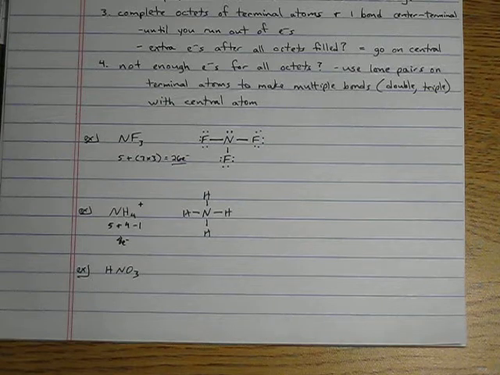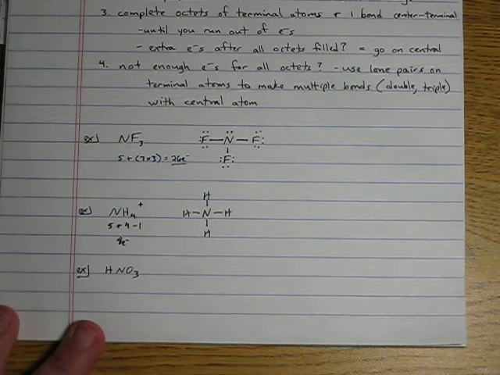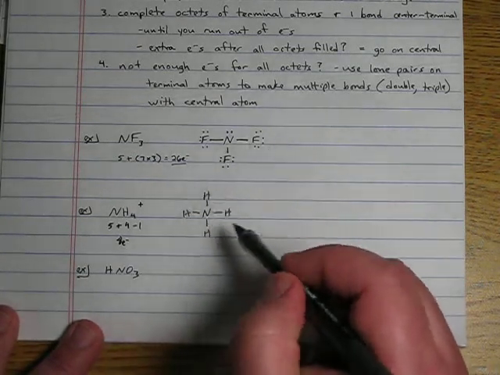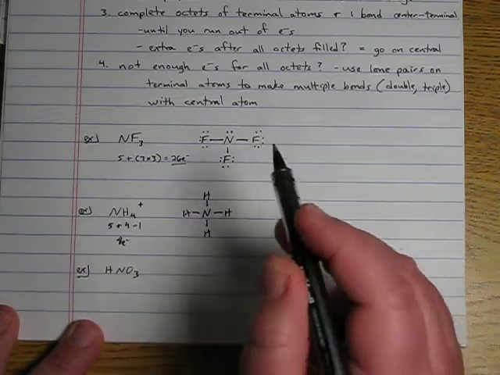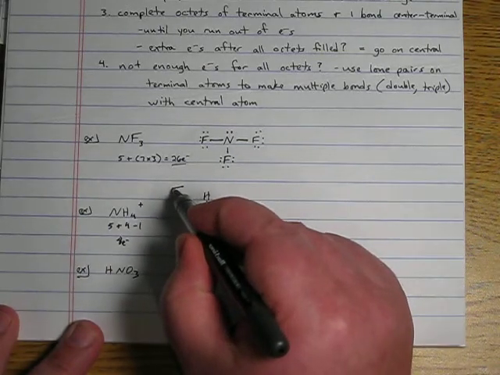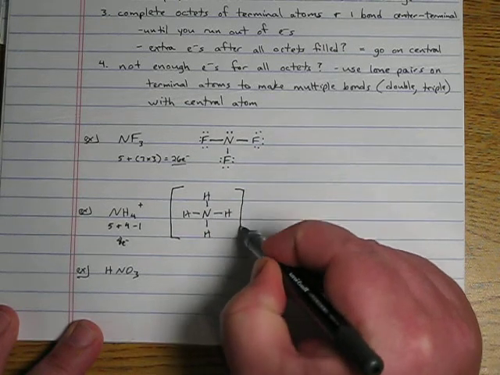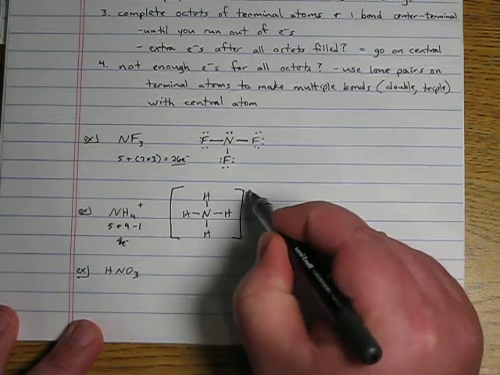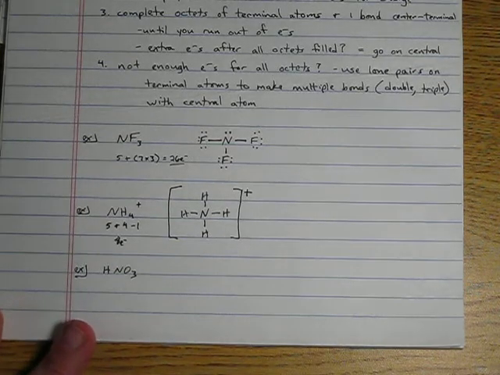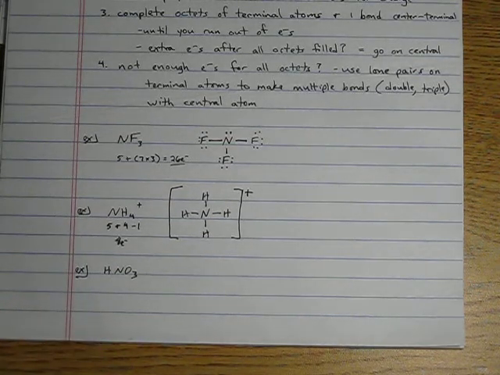When we have an ion, it is proper to say this thing has positive charge. The whole ion carries that positive charge, so we tend to put it in brackets and put the plus outside like that to indicate NH4 plus, ammonium, has the positive charge. The whole ammonium ion altogether is positively charged.